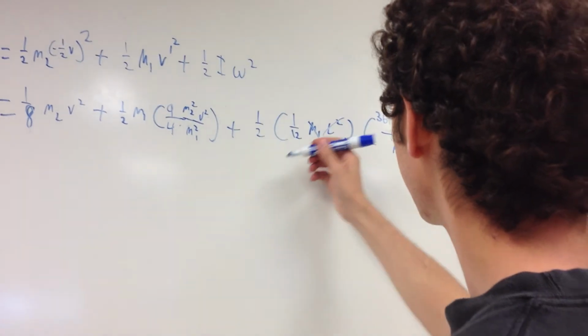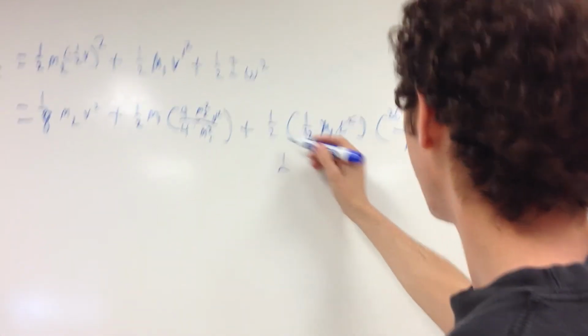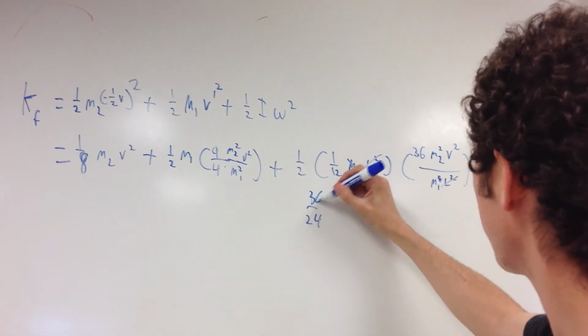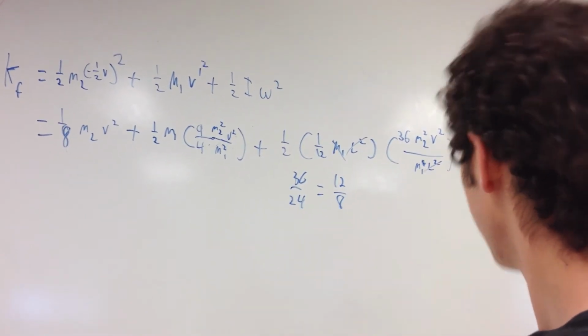1 over 12 times 1 half is going to give me 1 over 24. 36 on top, this is going to give me 12 over 8.